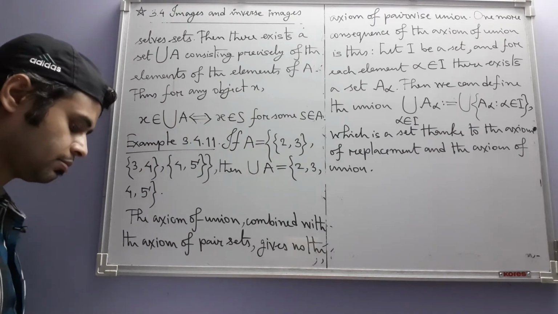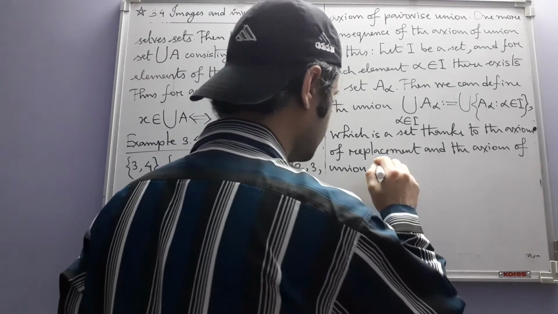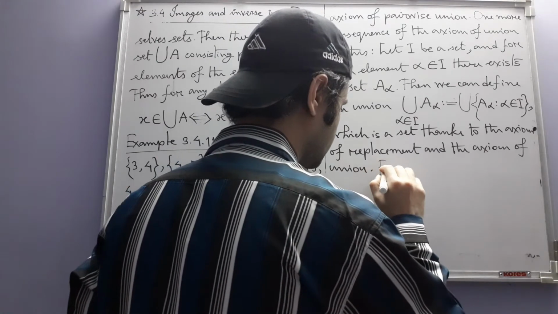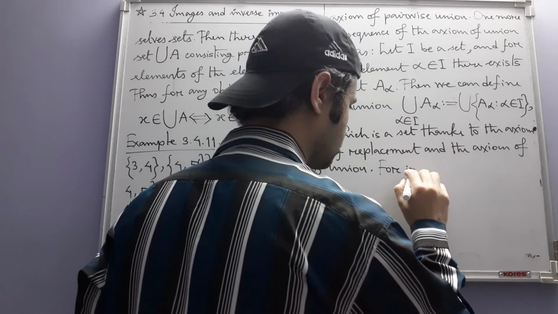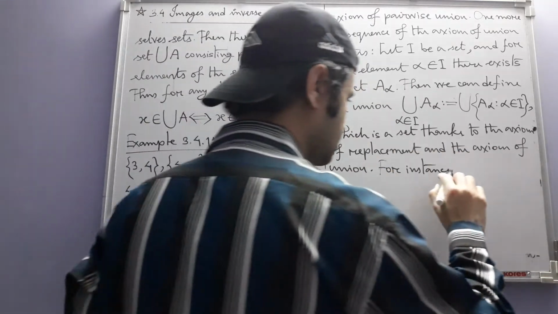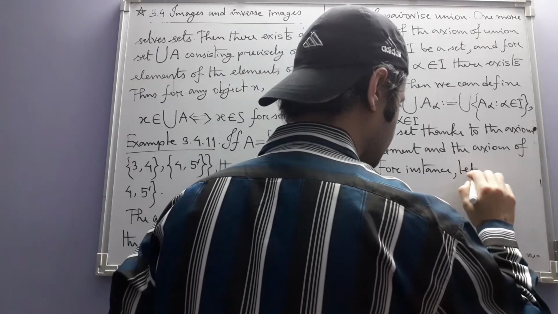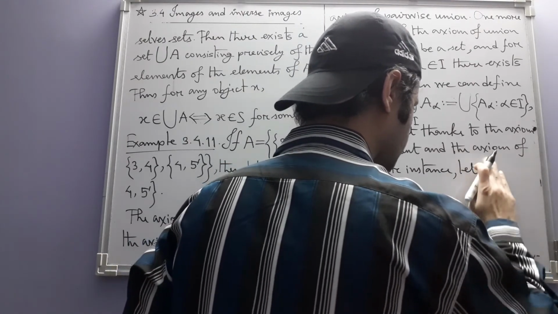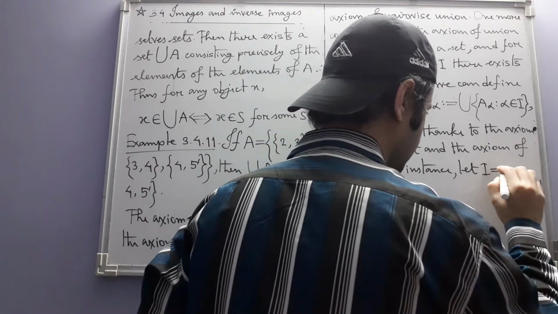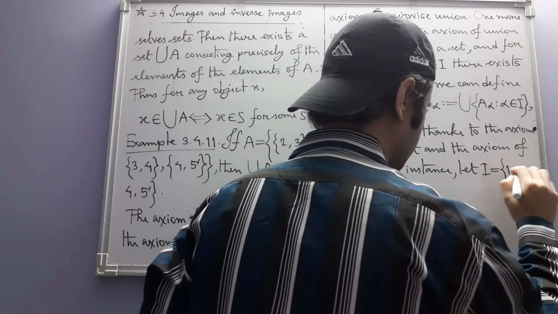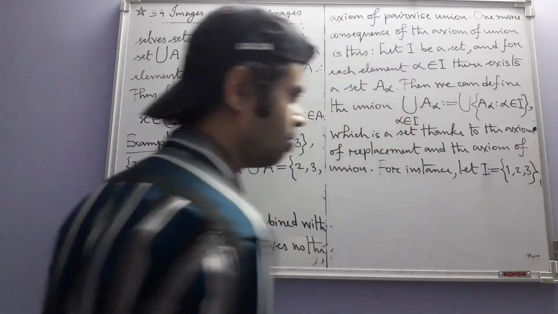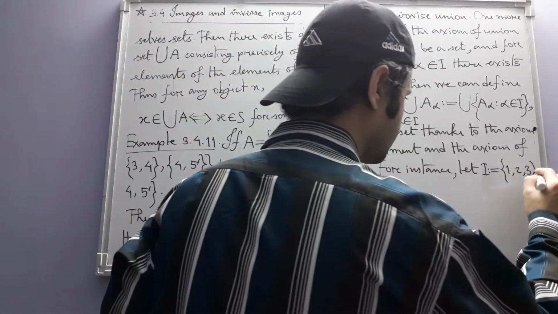And this idea can be understood with an example more clearly. For instance, let I be the set consisting of these three elements 1, 2 and 3.